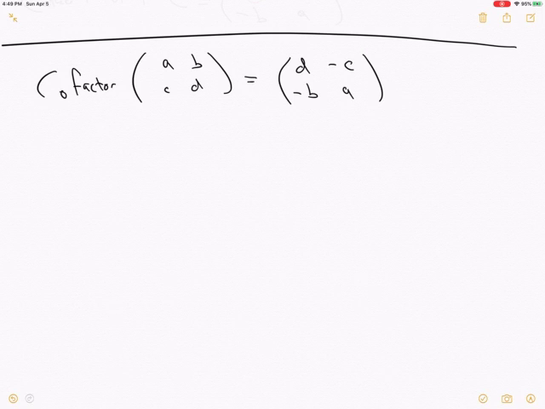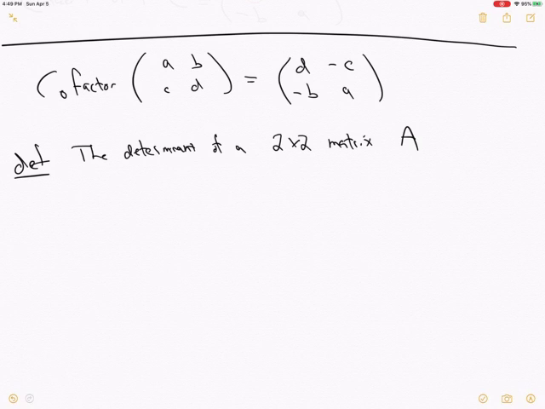And now with that we're ready to define, so here's the definition. The determinant of a 2 by 2 matrix, say A, with cofactor matrix C is defined as follows.